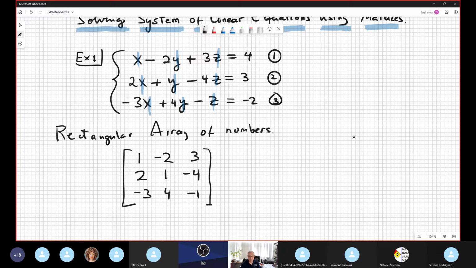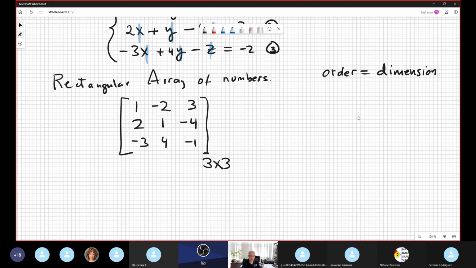And the order or dimension of the matrix is 3 by 3. What does that mean? This means the first 3 represents the number of rows and the second is the number of columns.